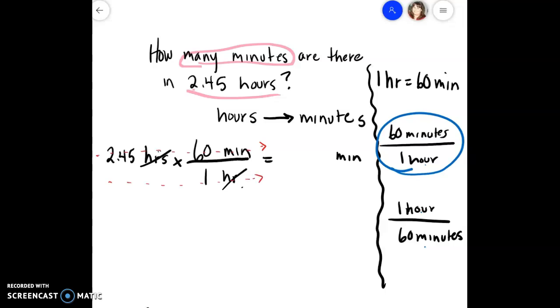There's nothing on the bottom here, I just have 1. So 1 in the denominator does not change the answer. When I take 2.45 and multiply it by 60 on my calculator, I get 147 minutes. So there are 147 minutes in 2.45 hours. Let's look at another one.